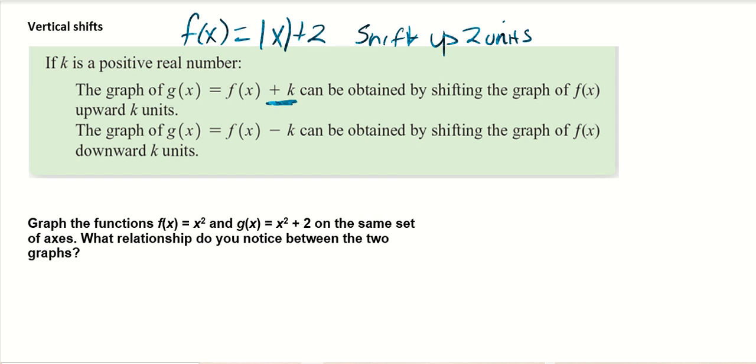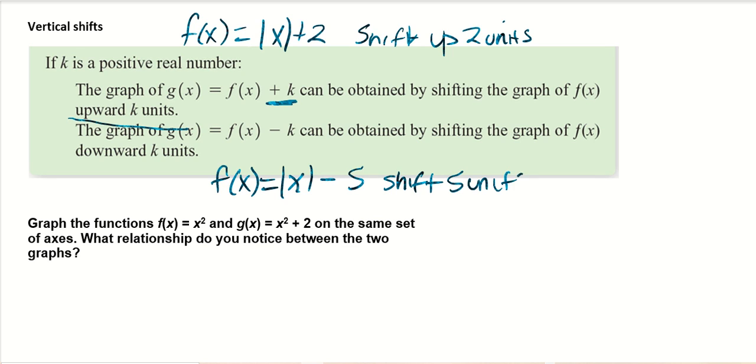So we're moving it upward k units. Now, if I hypothetically said f of x equals the absolute value of x minus 5, that means we are shifting 5 units down. Does it make sense?